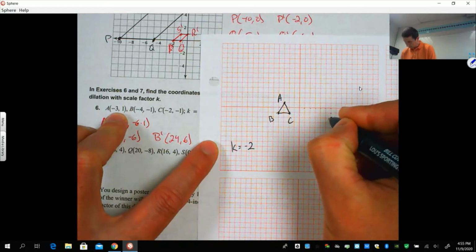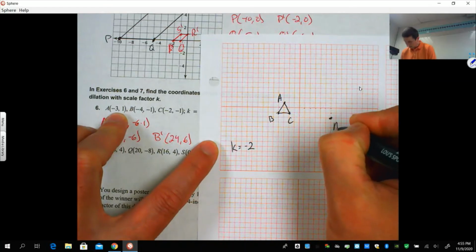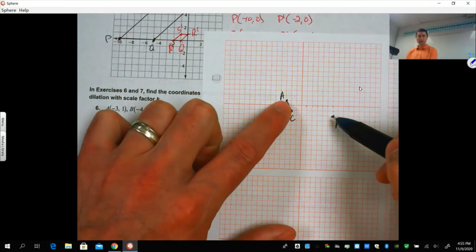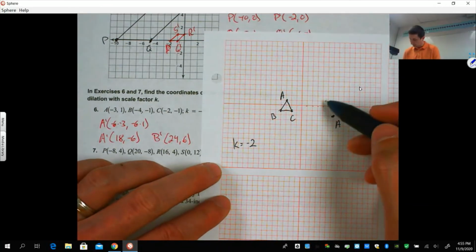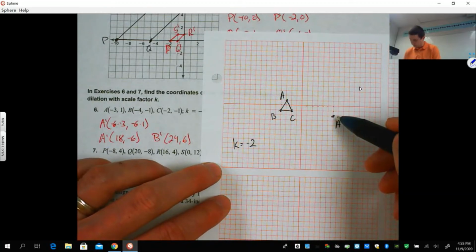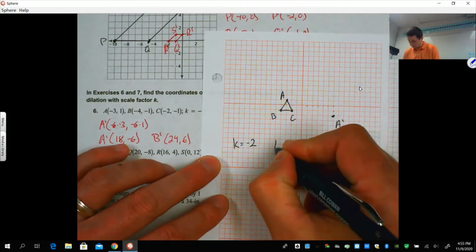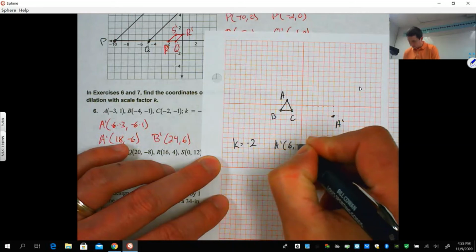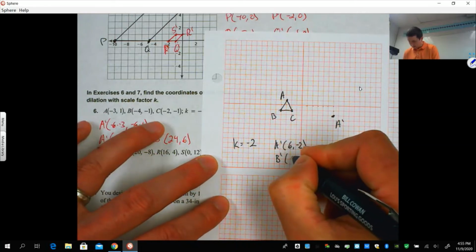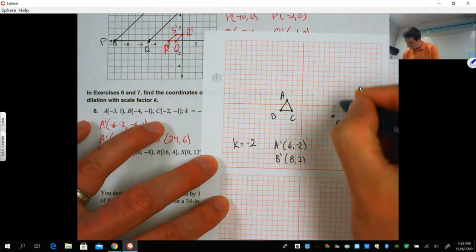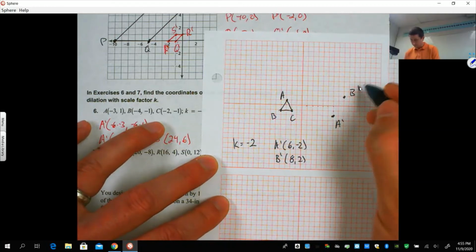So you notice how it completely moved the location here. The negative moved it to the other side of the y-axis and the other side of the x-axis. Okay. So A prime would be at 6, negative 2. B prime would be at 8, 2. There's B prime.